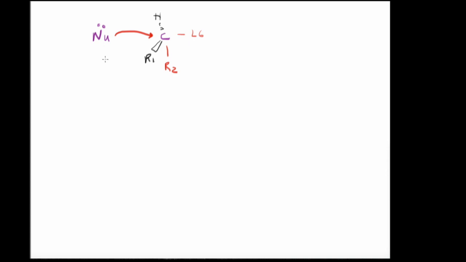SN2s are more basic from that point of view because literally the only 2 molecules involved in the reaction are the nucleophile with the unshared pair and the electrophile that has electron deficiency in it. So here is my electrophilic carbon. All right, now in the process of this reaction, one of the necessities is backside attack.